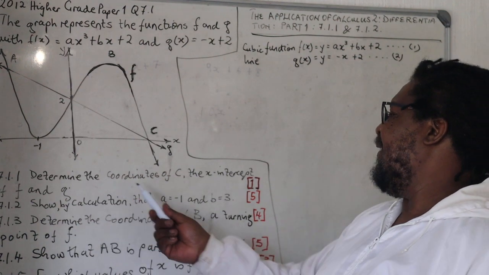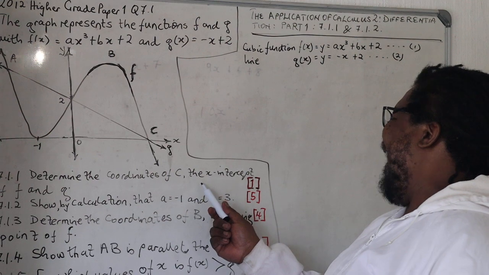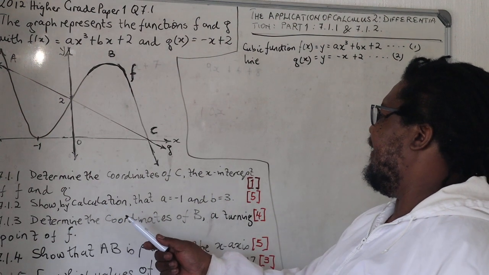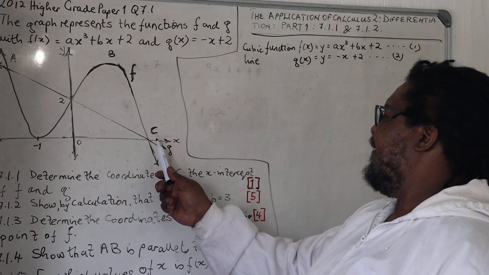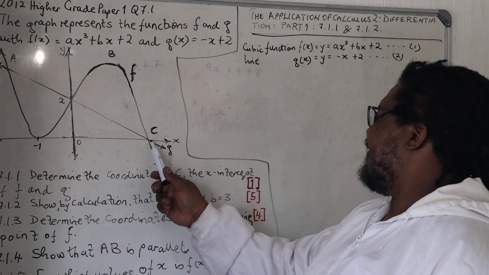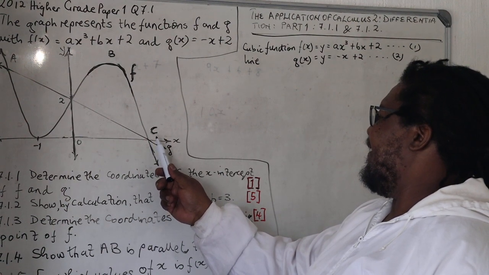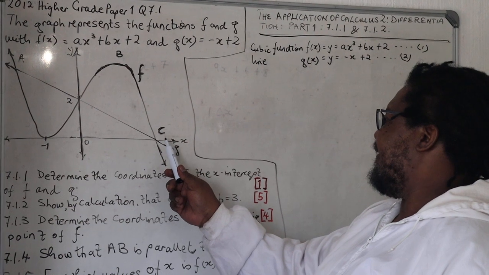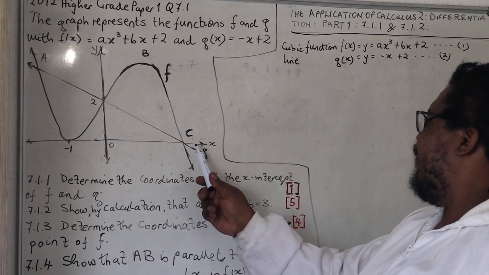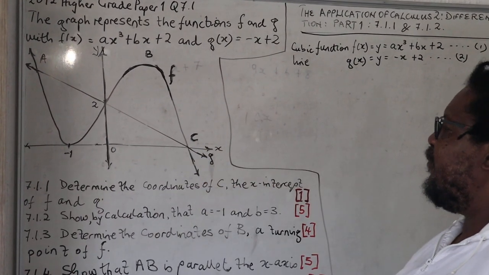They are saying determine the coordinates of C, the x-intercept of f and g. In other words, point C is an x-intercept, that is, the value of x for both functions when the value of y is equal to 0.